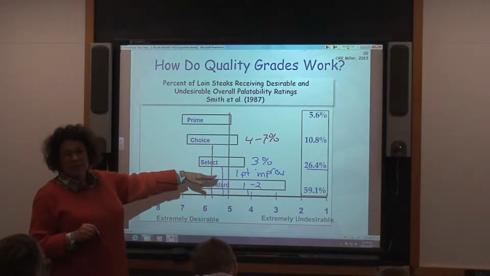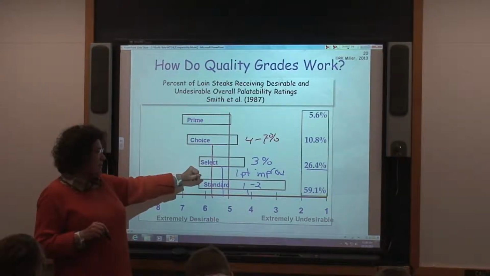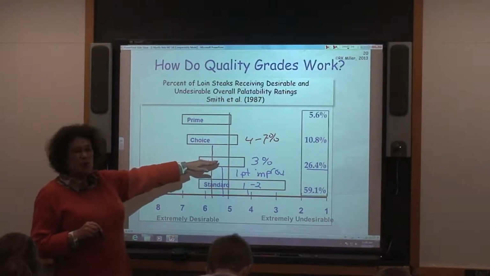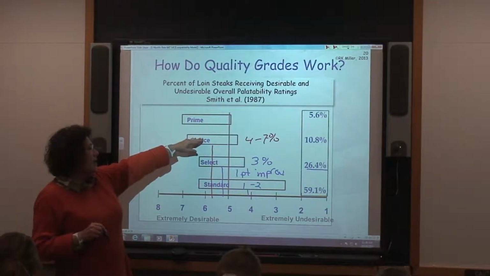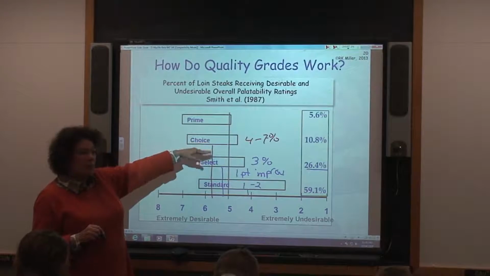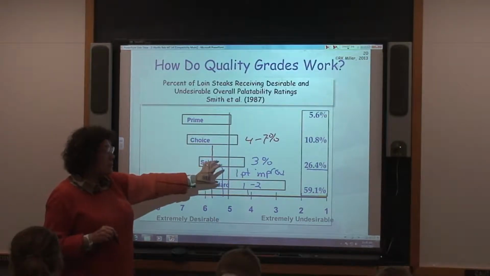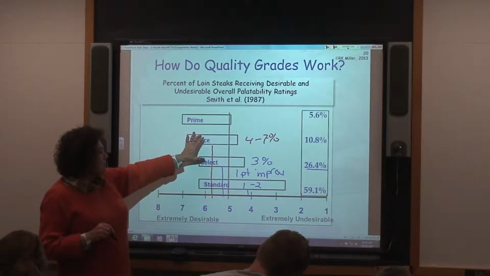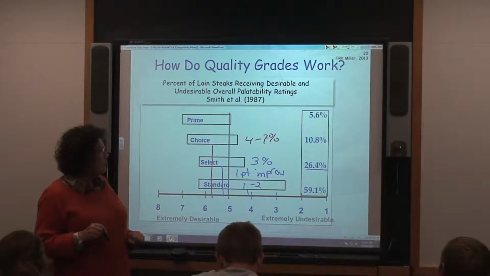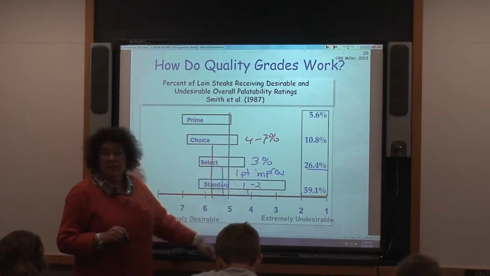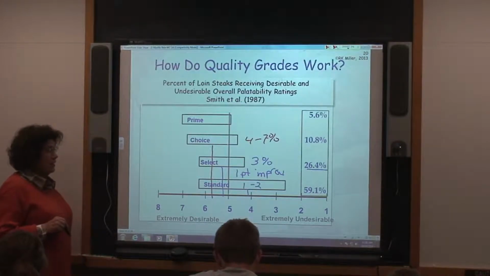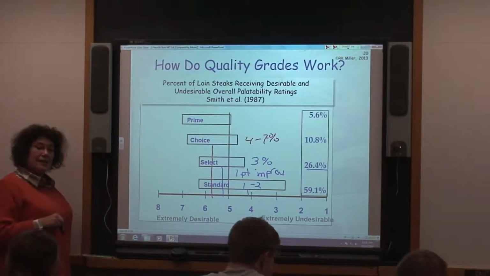When I talk to producers, I ask them if they played Mother May I. This is a giant step, and this is just an average step or improvement. We see a 0.5 point improvement overall, and we only have 10% less than a 5. So we see that there's a change.